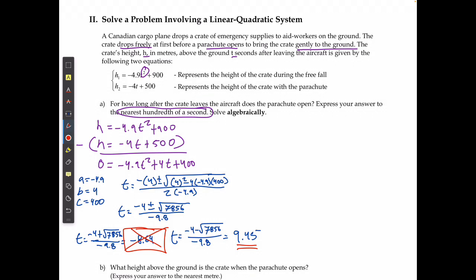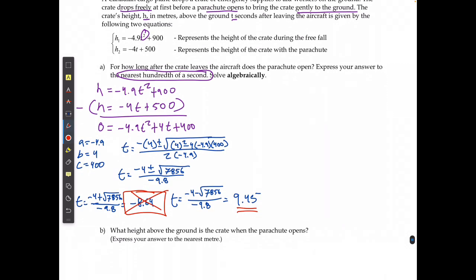Now, I know what the t value is, but I still need to solve for what my h value is going to be in this case. So, in this case, the time is 9.45 seconds after leaving the plane.